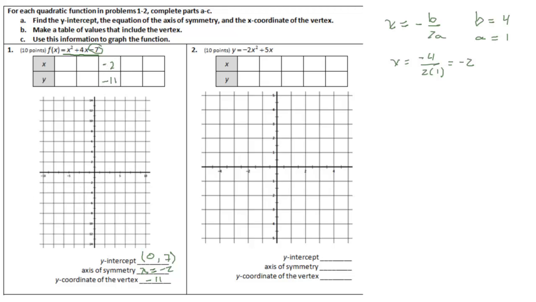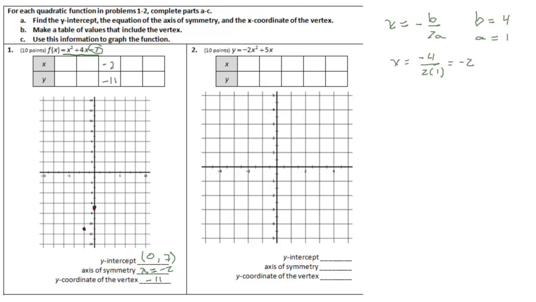Now, I'm going to change my color here. The y-intercept is right here, 0, -7, and -2, -11 is right here. And then we just need to fill in these other values.